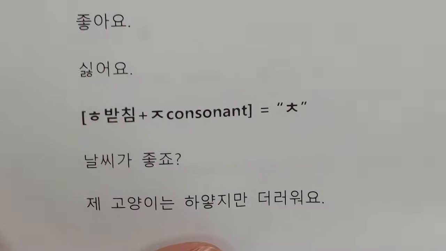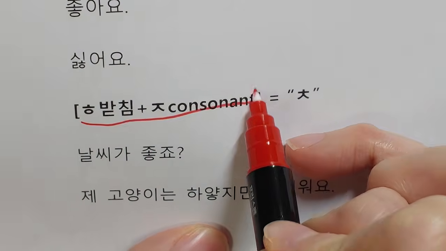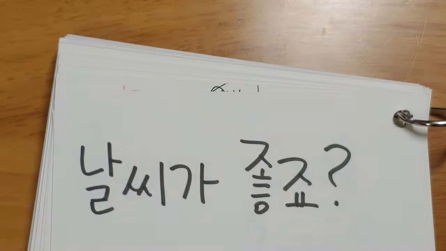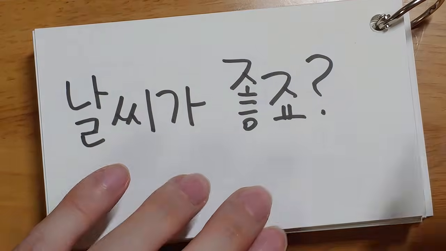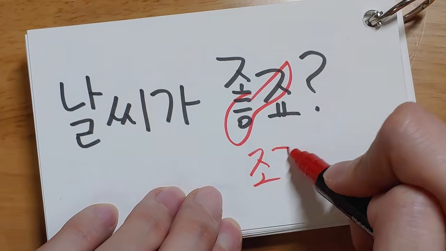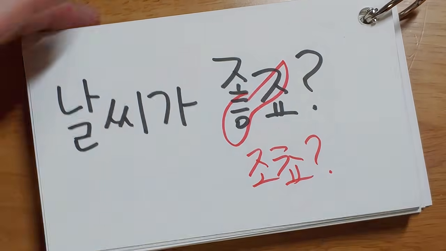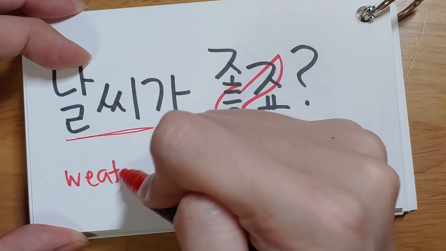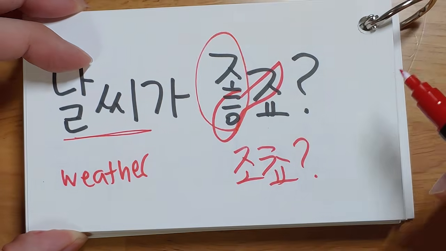Very, very final rule. 히읗 받침, when it's combined with 지읒 consonant, it produces ts sound. So 날씨가 좋죠. 날씨 means weather. We learned this, right? And 좋 looks familiar, right?